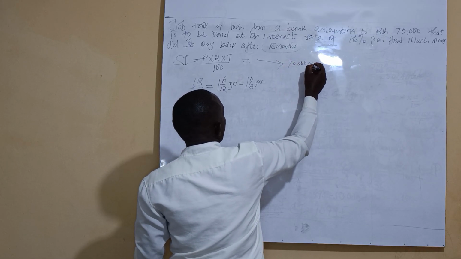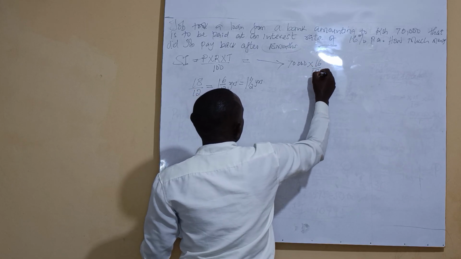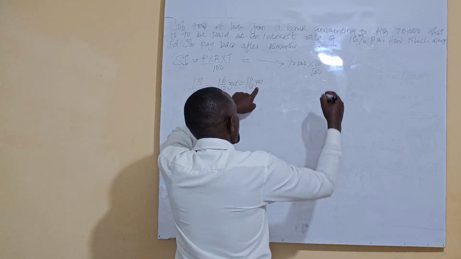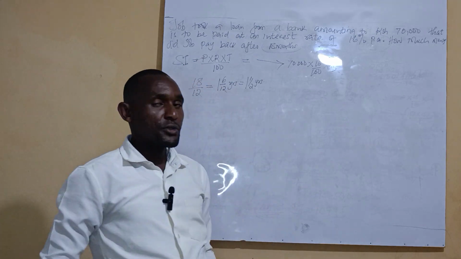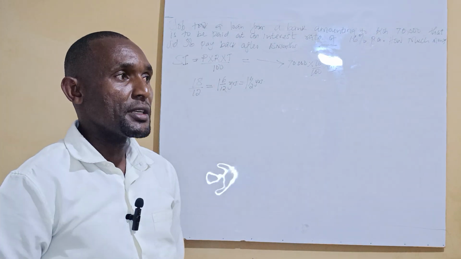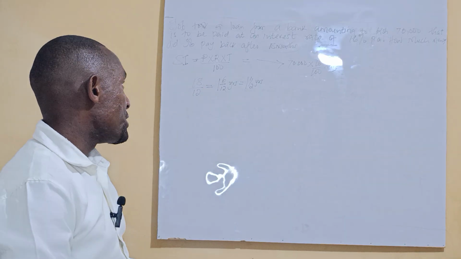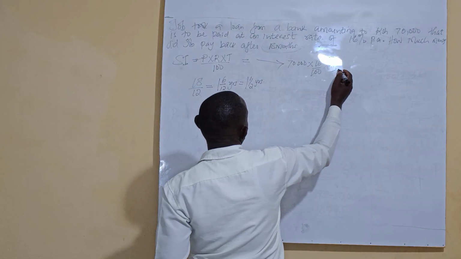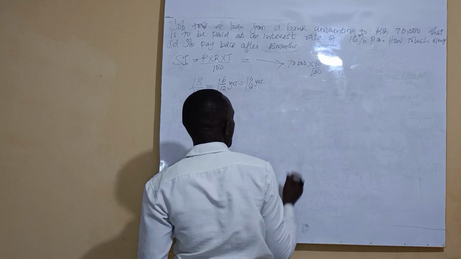So that now when you are working out this question using this formula, it is going to be 70,000 multiplied by the rate, which is 16% per annum, then multiplied by 1.5 years. So multiplied by 3/2, because 1.5 converted as an improper fraction is 3/2. And then from there you simplify by 2. You divide here by 2, you get 8.